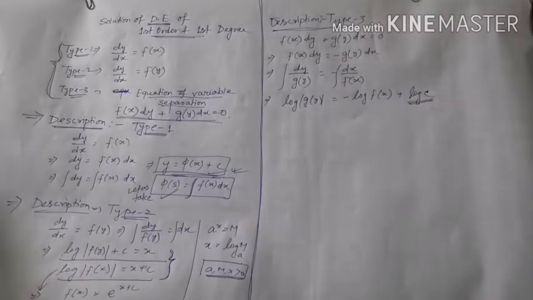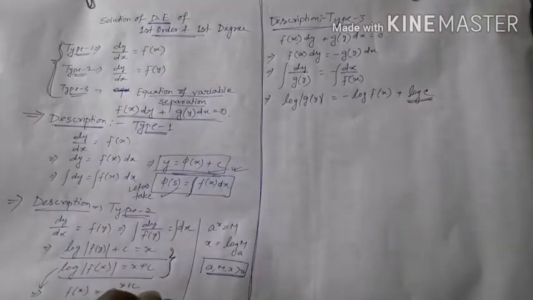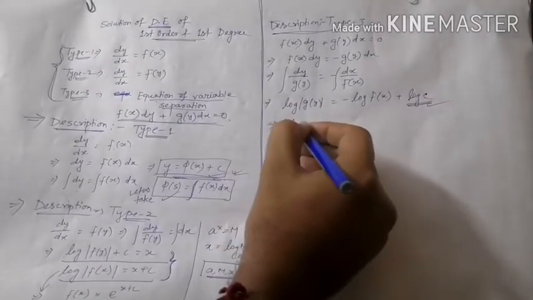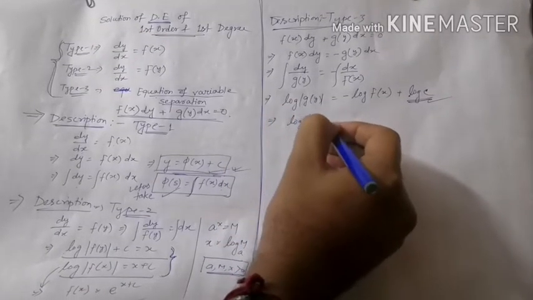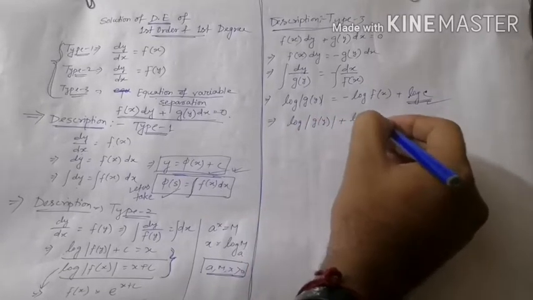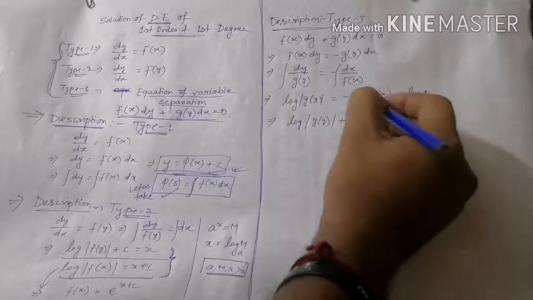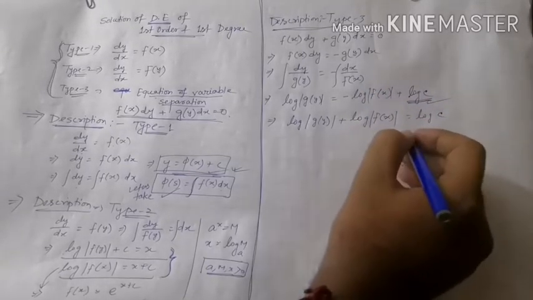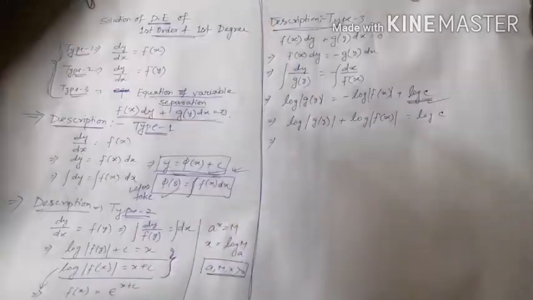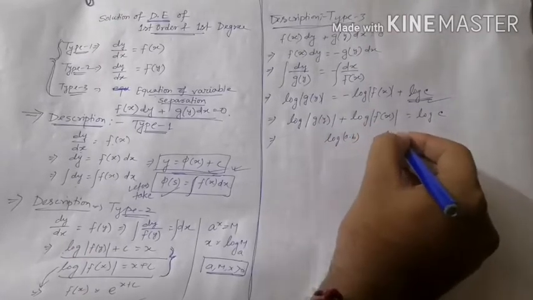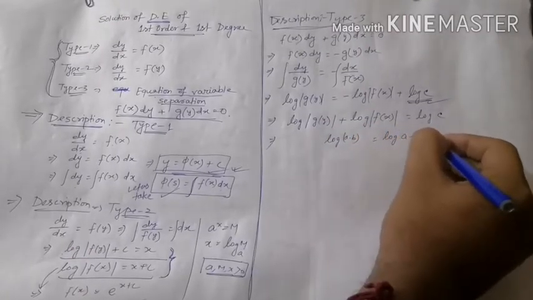To solve the problem easily, we can take here log c. So here we get log g of y plus log f of x equals log c. We know the property of logarithm, like log of a into b equals log a plus log b.